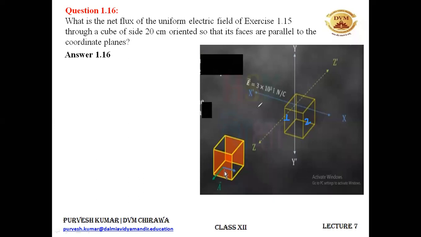From these two surfaces only, this one and this one, electric field is coming in and going out. Other surfaces have no impact of electric field on them. Why so? Because the area vector to them is at 90 degree. So for the front and the back surface of this, the area vector is coming out, the electric field is going in this direction, the angle between them is 90 degree, so the flux is 0.